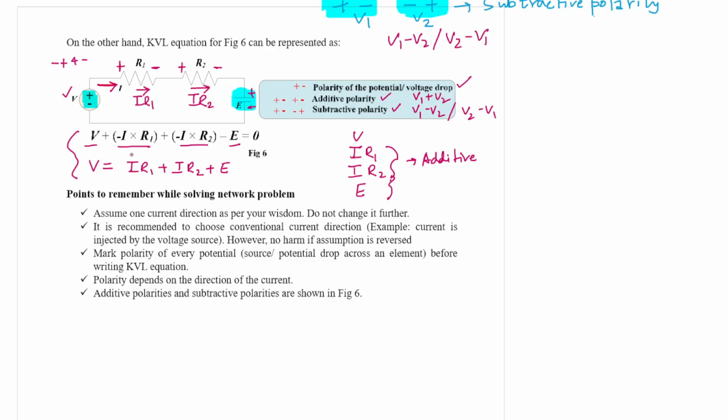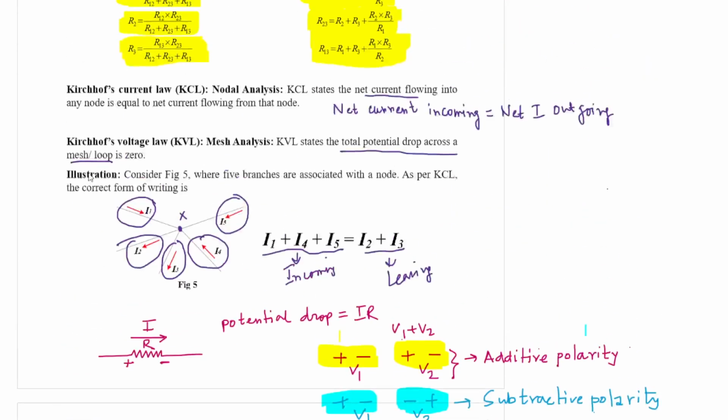You write additive polarities on one side of the equation and subtractive polarities on the other side, and they should be equal and opposite. If you do that, then the net or total potential drop across the mesh or loop will be 0.